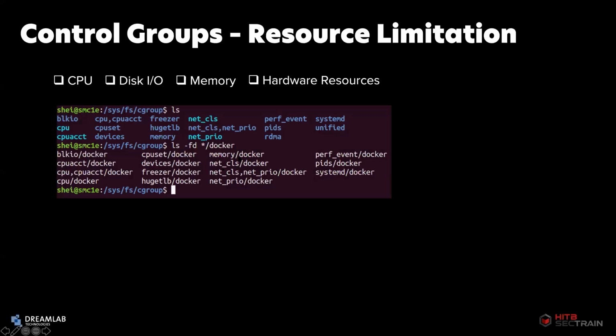You have different cgroups for memory, CPU, and other hardware devices. And Docker creates its own for each one, as we can see in the picture. At the moment of running a container, Docker also creates a new cgroup for it within the Docker folder, right? And let's see this in practice as well.